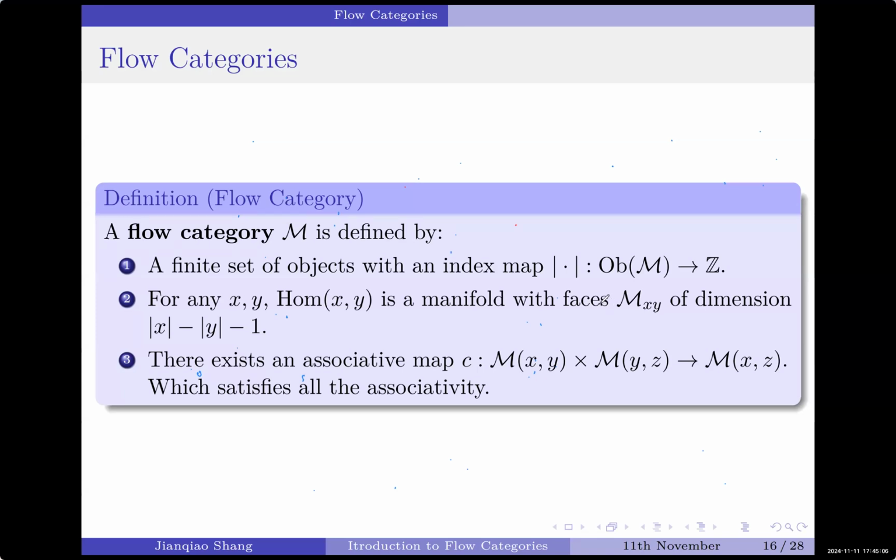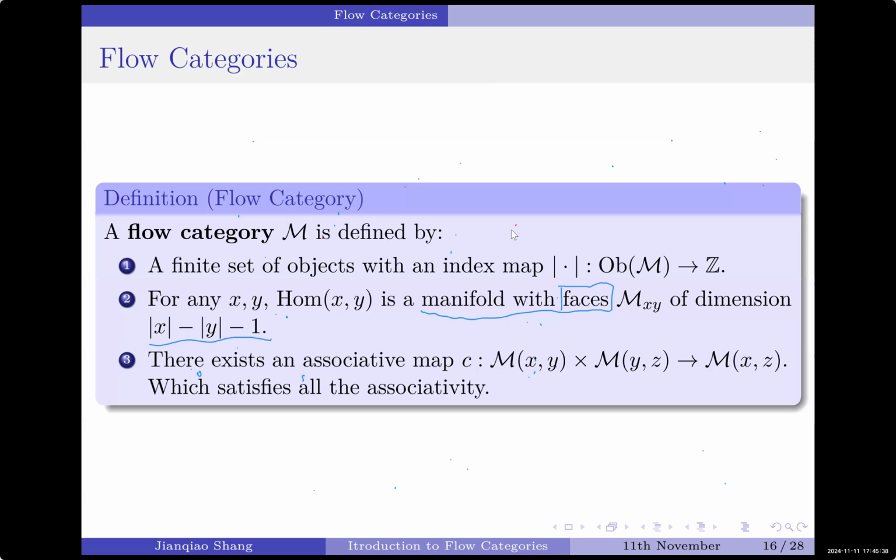Note it's not only a manifold with corners, but with phases, of the dimension it should be. And I ask that there exists the associated map as before.